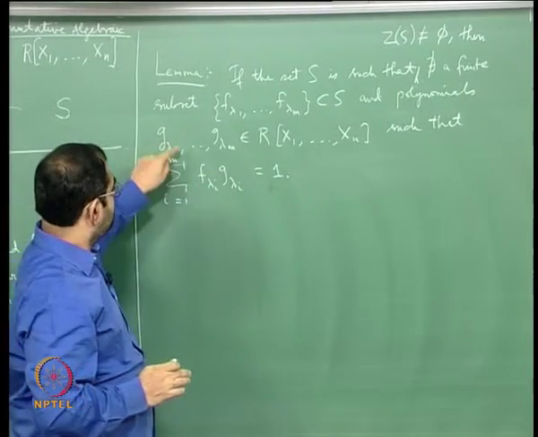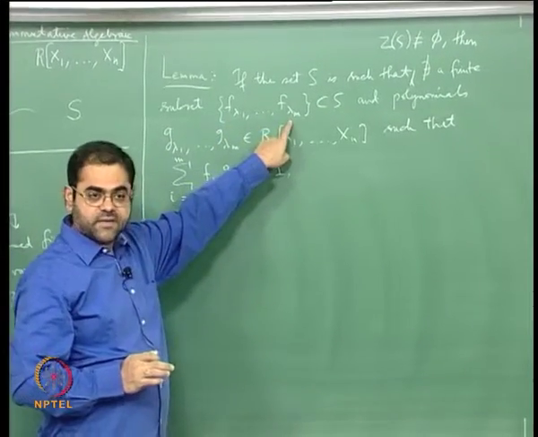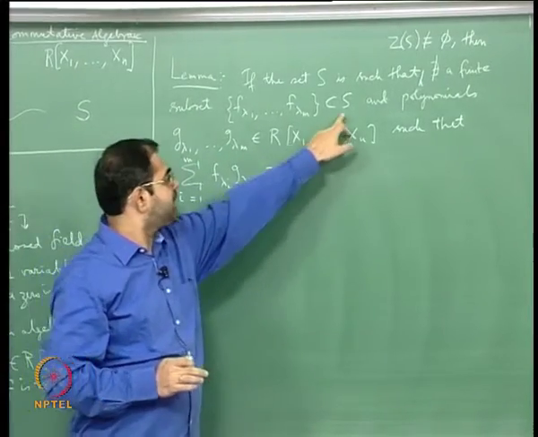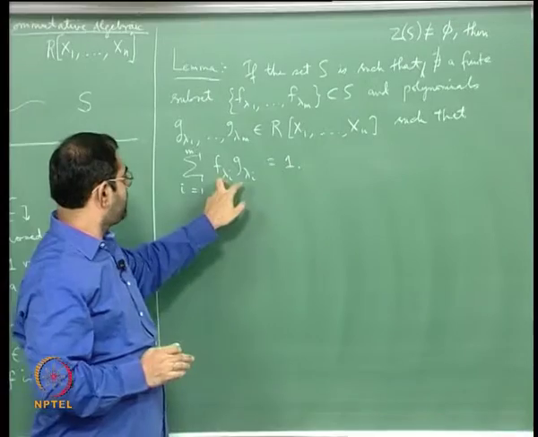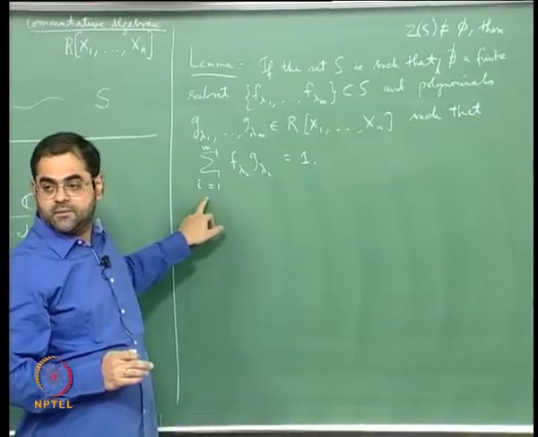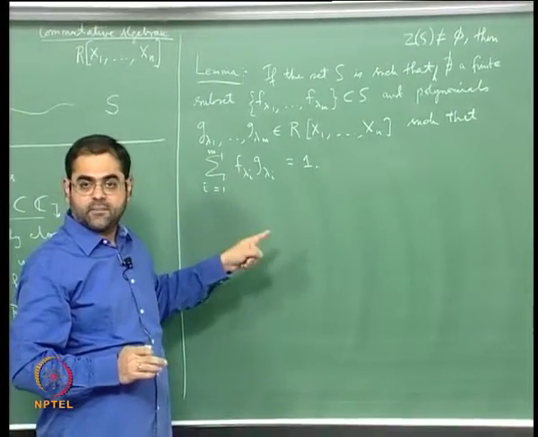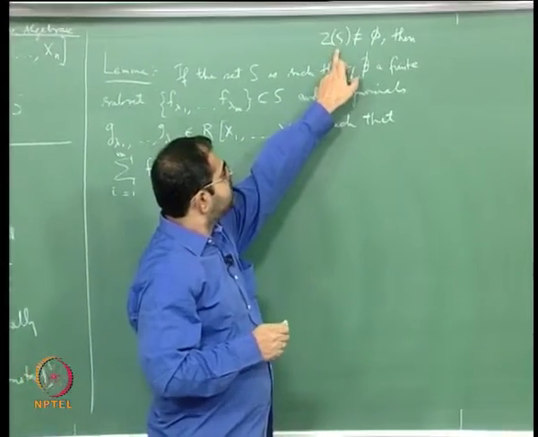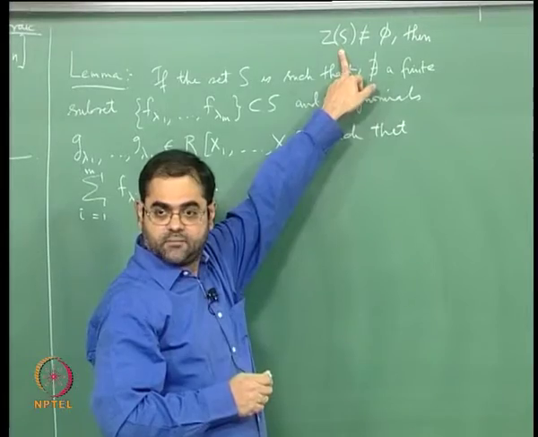That means you cannot get finitely many elements of S and finitely many polynomials from the ring, of which this capital S is a subset, such that you multiply them and then add them, you get 1. That cannot happen.